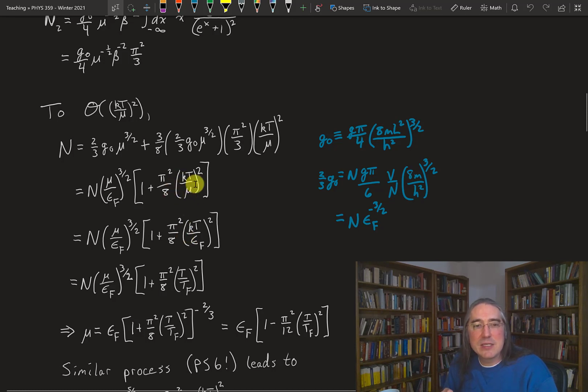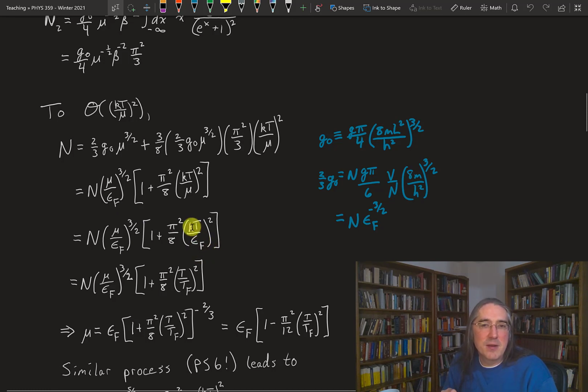So I can just replace the chemical potential in the second term by E Fermi. Everything is still to the same level of accuracy in terms of powers of kT over mu, or powers of 1 over beta mu.